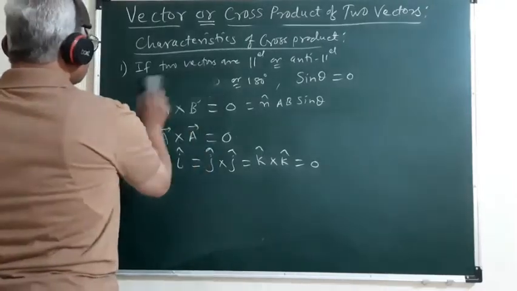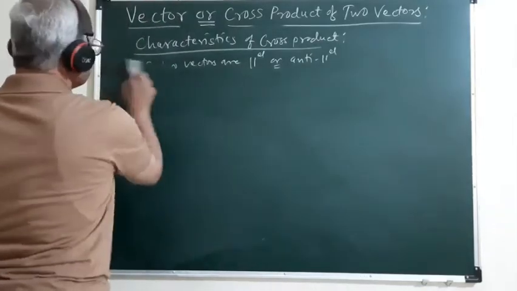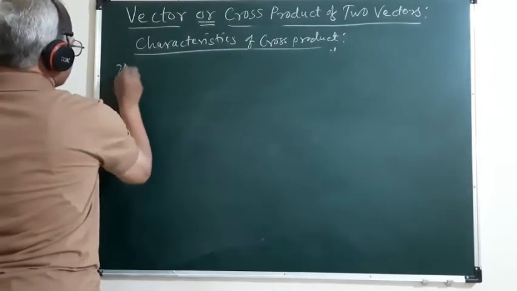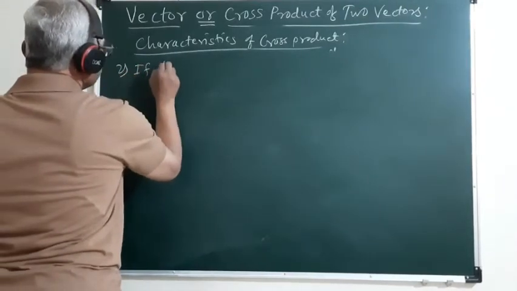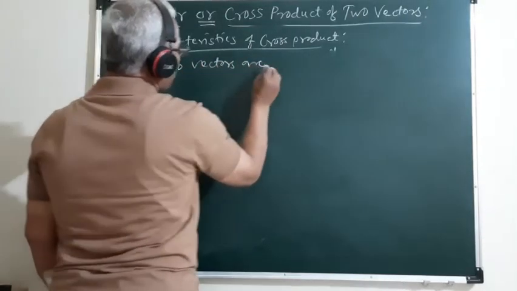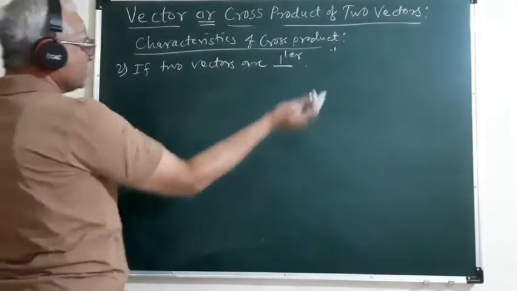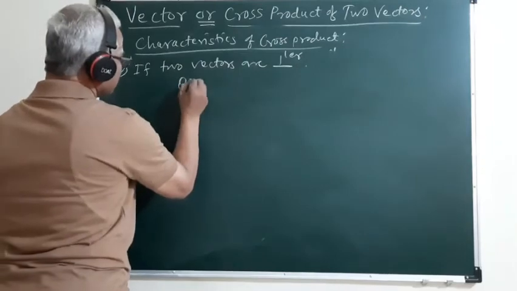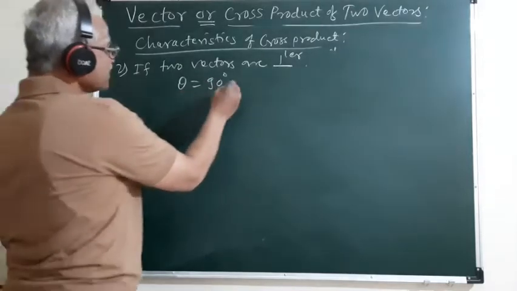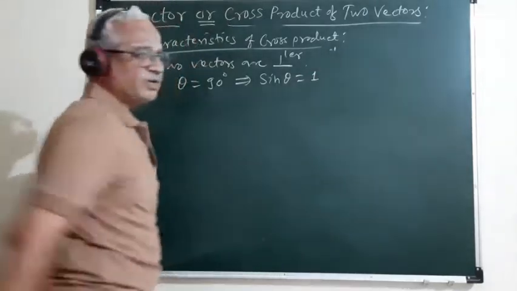Now the second characteristic is, if the two vectors are perpendicular to each other. If the two vectors are perpendicular, then the angle theta between them will be 90 degree. And if theta is 90 degree, this implies sine theta to be equal to 1.